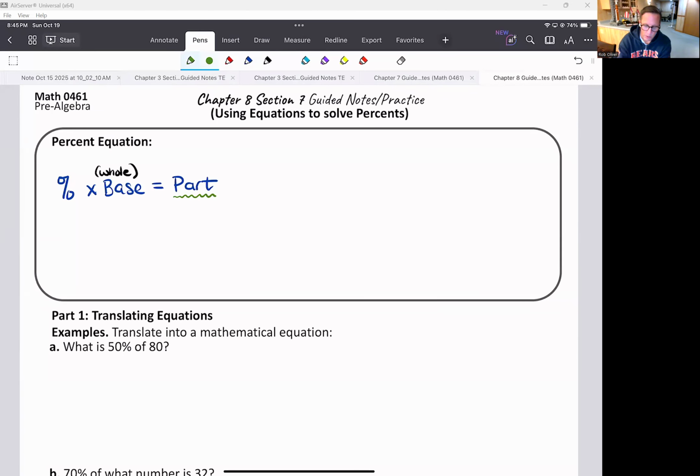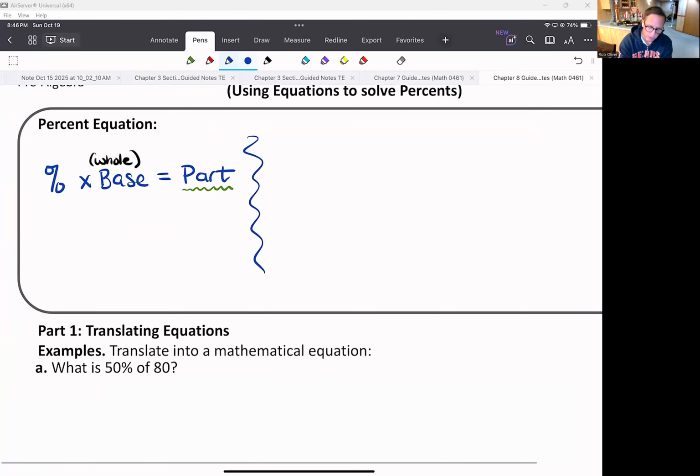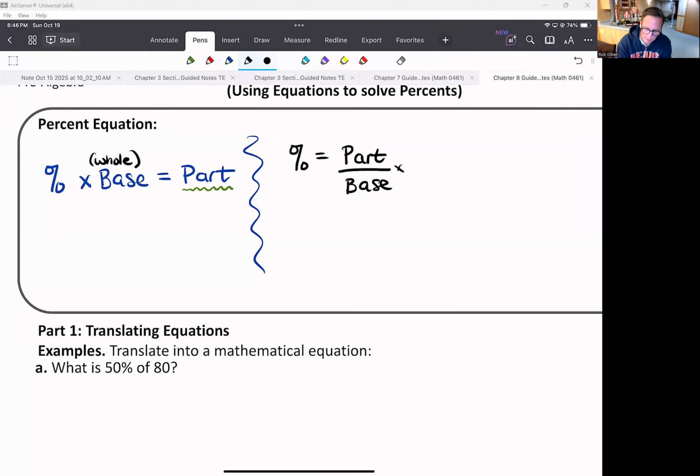All right, so another iteration of the percent equation: let's say you're just looking for the percent. I'm going to write it like this: percent equals part divided by the base, times 100.